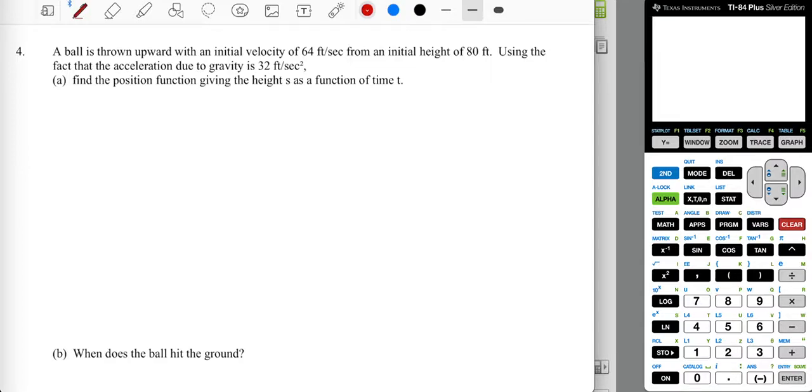So we're starting off with acceleration as 32 feet per second squared. Right. Now, direction is going to be an important thing here because acceleration due to gravity is a downward motion, so we'll put a negative sign there.